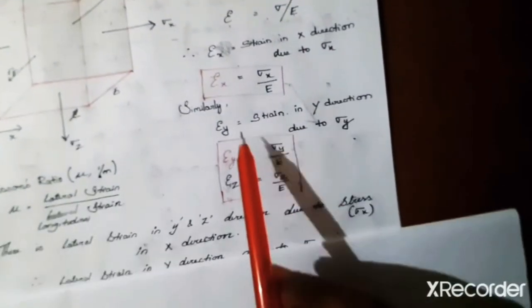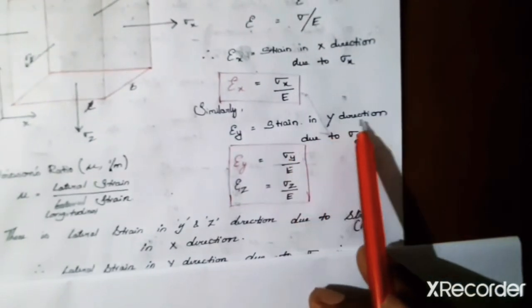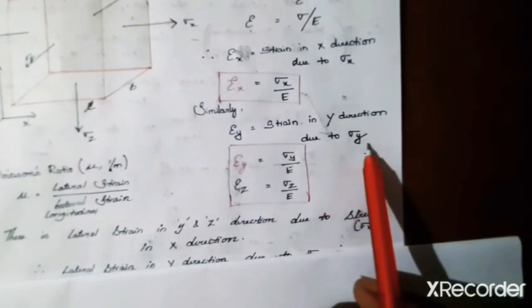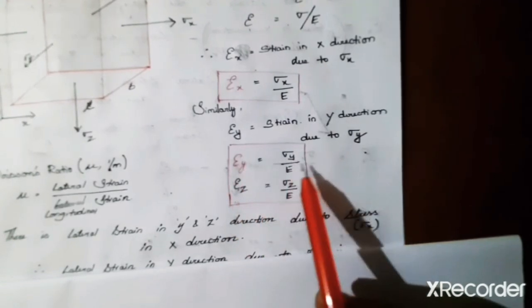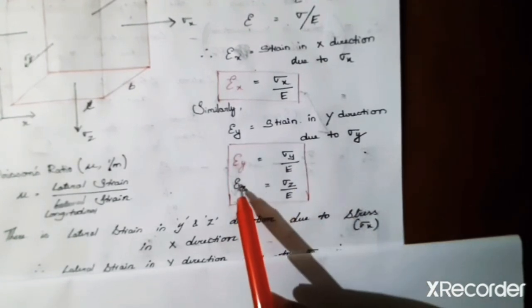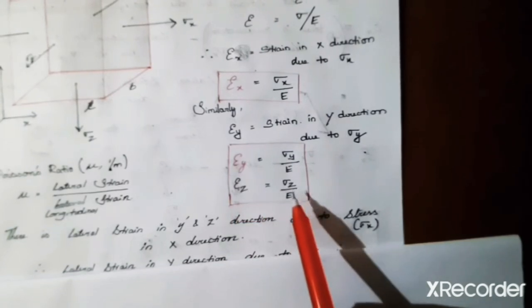In the same way, epsilon y is the strain in y direction due to sigma y, which is written as epsilon y equals sigma y by E, and epsilon z equals sigma z by E.